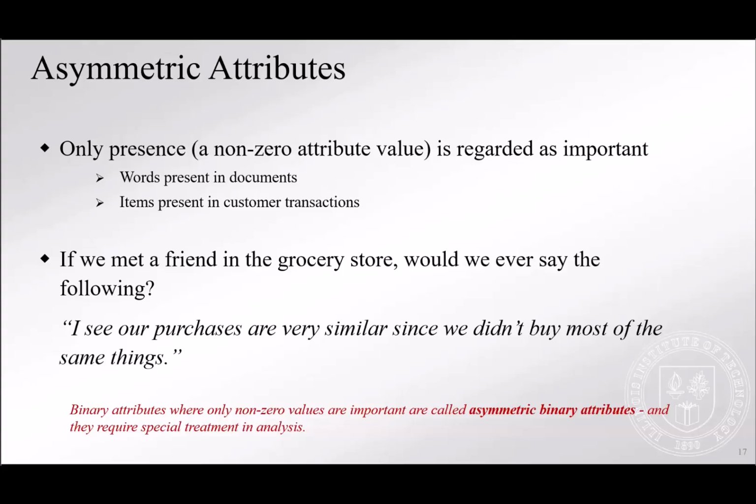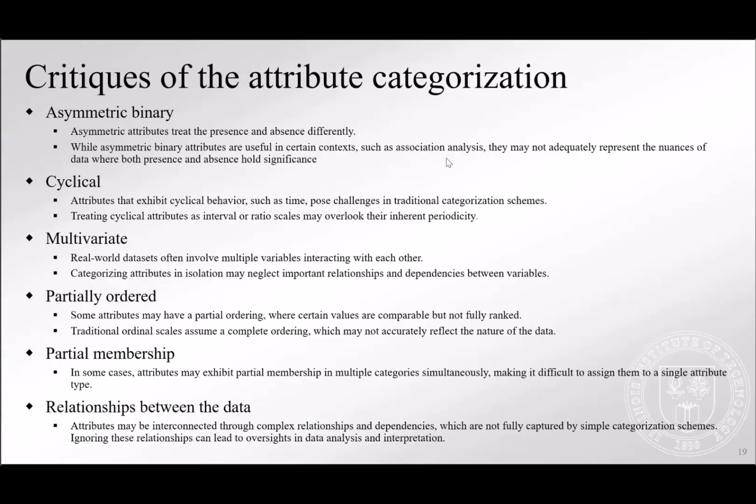Similarity comes from what you did buy, not what you did not. Binary attributes where only non-zero values are important are called asymmetric binary attributes, and they require special treatment in analysis. Now we have covered the classic categorization of attributes: nominal, ordinal, interval, ratio, discrete, continuous, and asymmetric.